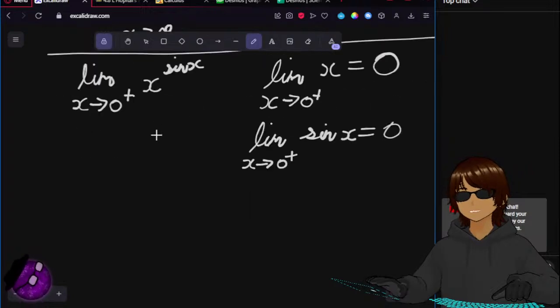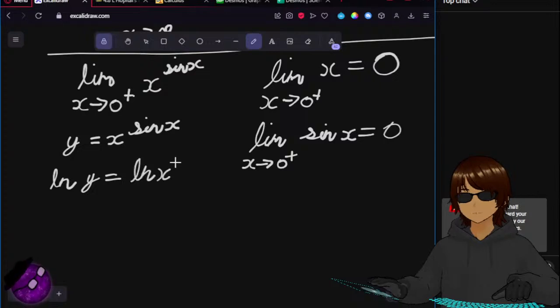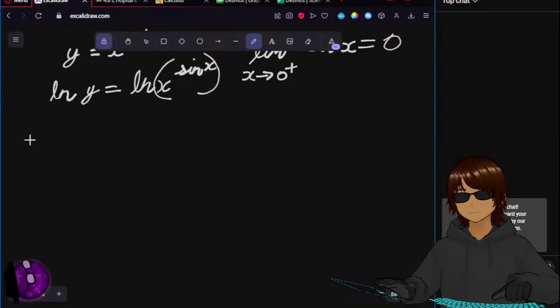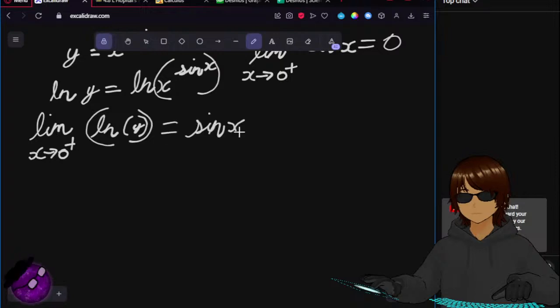So it is a 0 to the power of 0 form. We do y equal to x to the power of sin x, ln of y is equal to sin x times ln of x, and so we take the limit of sin x times ln of x.